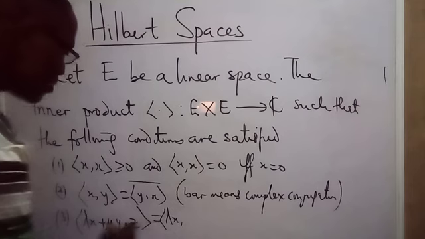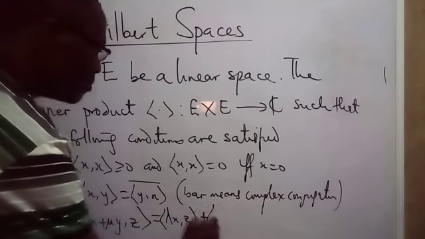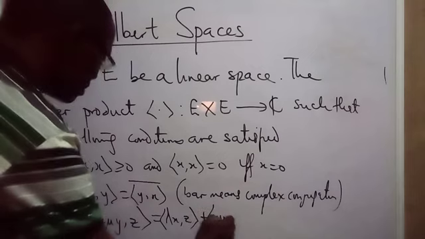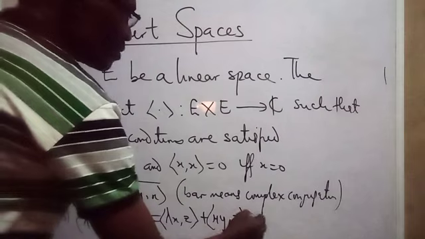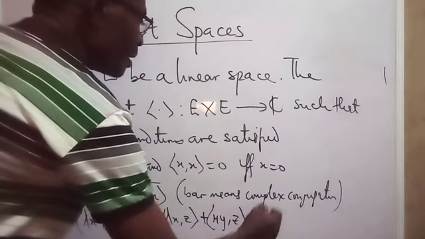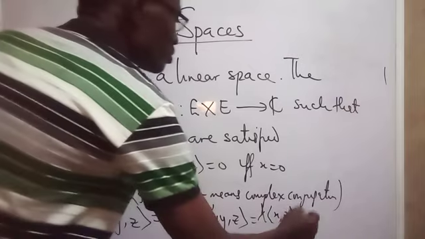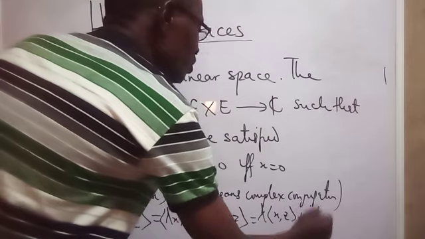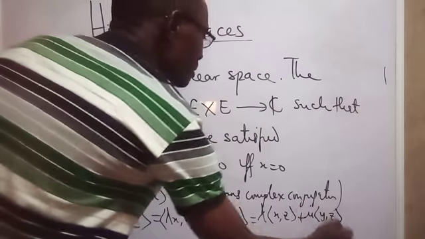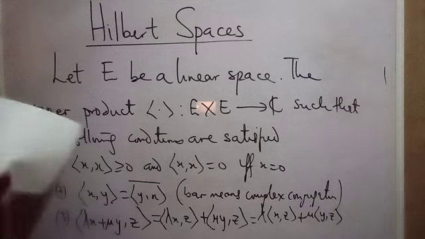Lambda X, comma, because Z is common, then plus mu Y, comma Z. Okay? So this one will be what? It will now be eventually lambda X, comma Z, plus mu Y, comma Z.